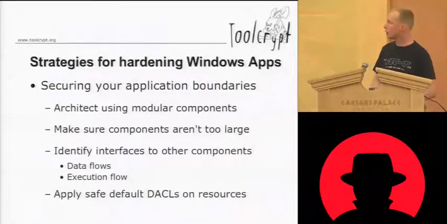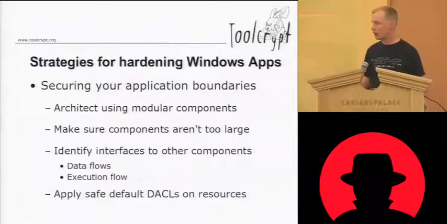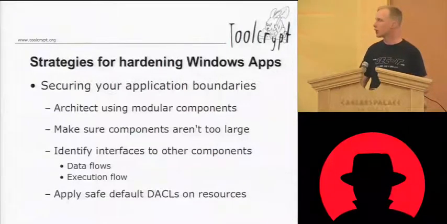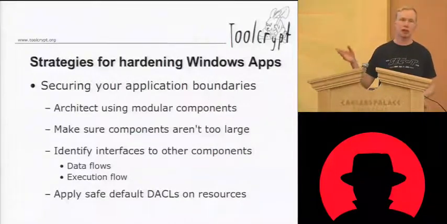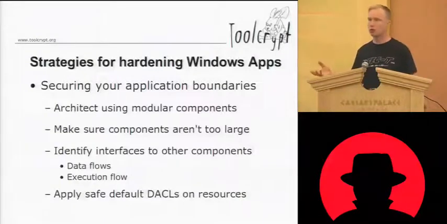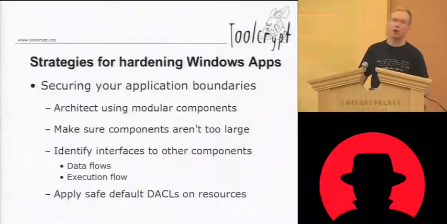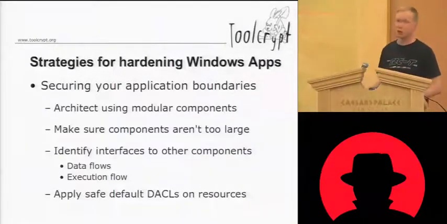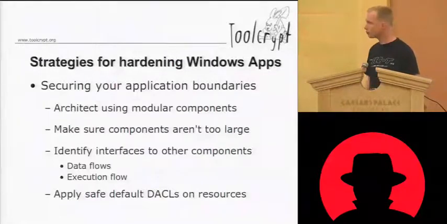You can start to look at every case where we create a system resource, for example, if we create a file, if we create a pipe, if we create something as simple as an event flag or something like that, that we apply a safe default DACL on that object, so that we're not creating, for example, a semaphore that's wide open for anybody to gain access to and start flipping around and potentially harming or potentially changing the execution flow of our application.